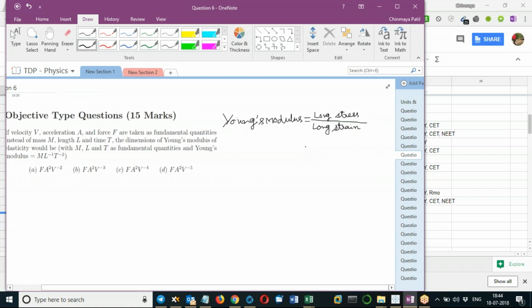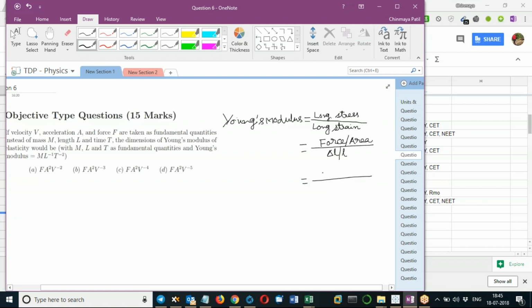So longitudinal stress is equal to force by area, and the longitudinal strain is the increment in length with respect to the original length, that is delta L divided by L. Now let's come back to our fundamental understanding of force by area.